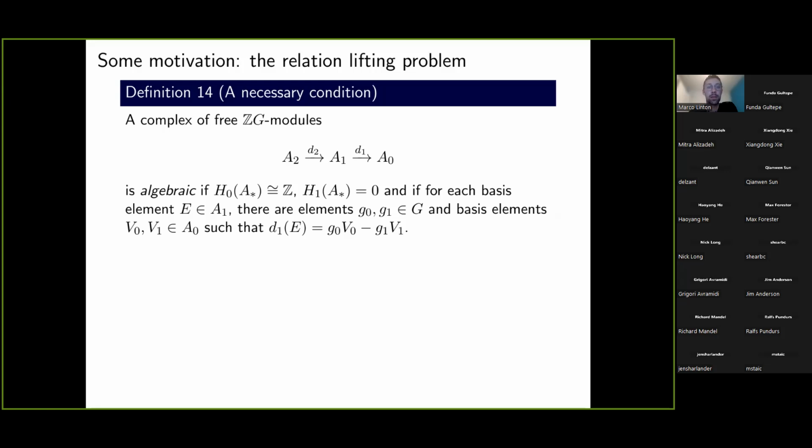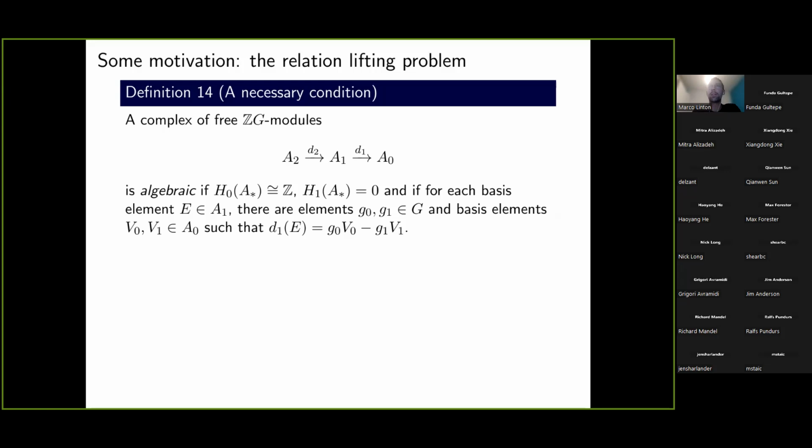The second is that the first homology vanishes, which says that the universal cover of the CW complex is simply connected. The other is that you want basis elements in dimension 1 to go to a difference of two basis elements in dimension 0. Dimension 1 things are much, much easier. So that's one necessary condition.